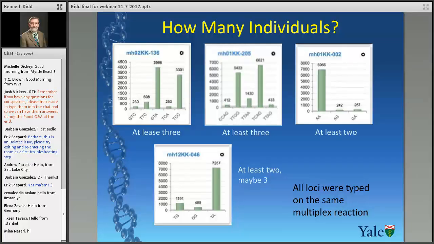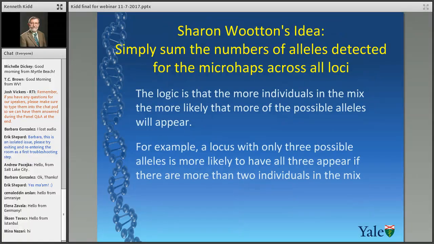But notice that all of these sequences were done on the same DNA sample, read simultaneously by massively parallel sequencing, and then assembled electronically by locus.